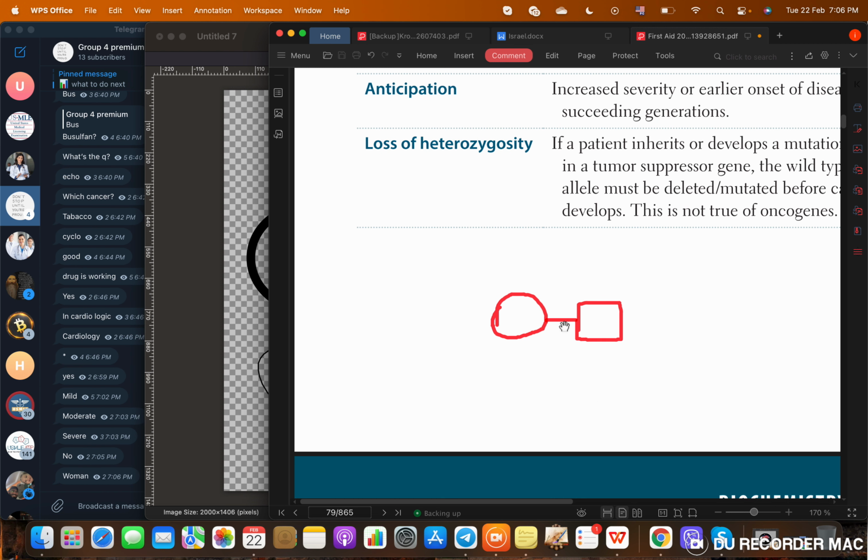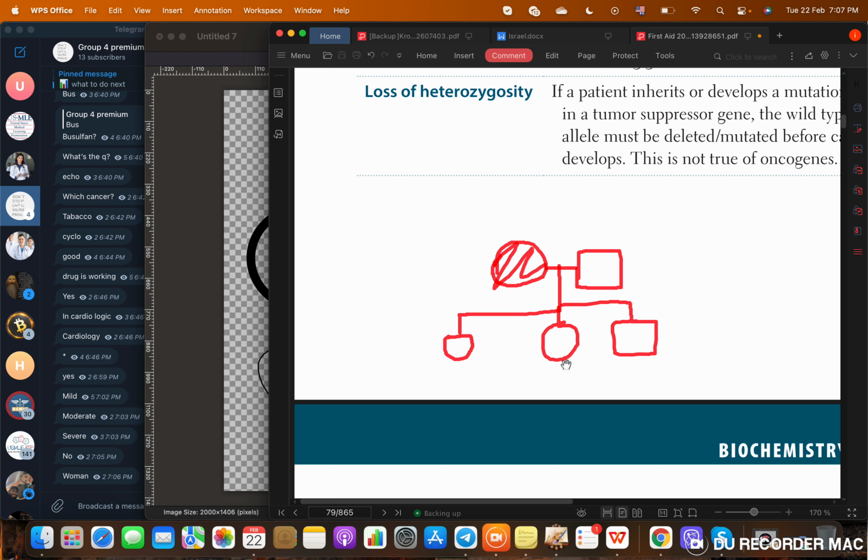A connection between them means they are married, right? Okay. So this lady is sick. All of them are healthy, but this woman got married to some guy and they got a baby that is sick with Marfan syndrome.